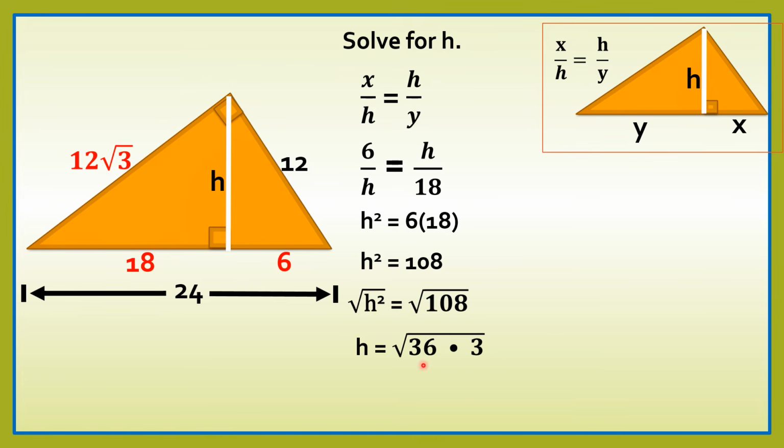So, yung 36 dito, yung perfect square. So, ito yung hinahanap natin. Kasi pag perfect square, pwede natin siyang isimplify, iwan lang natin yung 3 sa loob. So, ang square root ng 36 is 6. So, h is equal to 6 square root of 3. Kasi ang 3 is not perfect square, so kinakailangan natin siyang iwan sa loob ng radical.